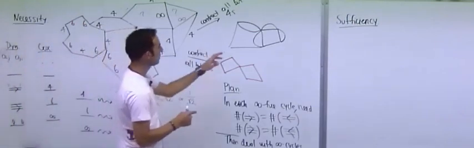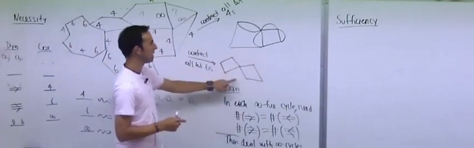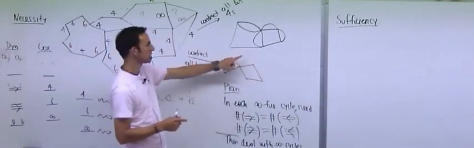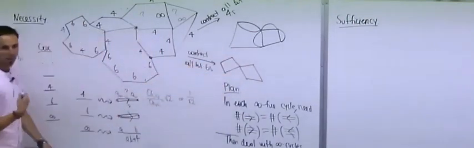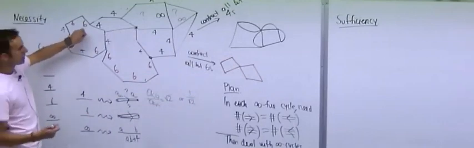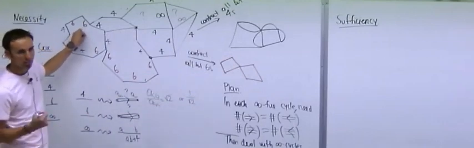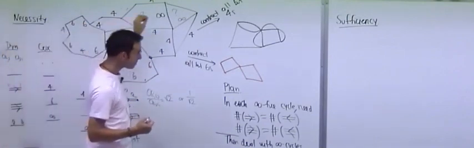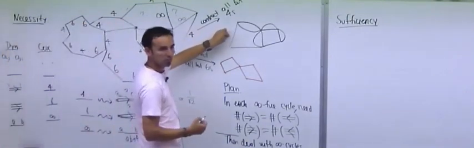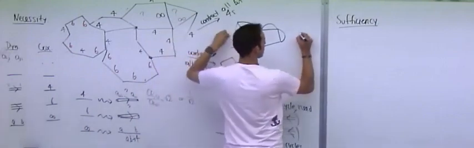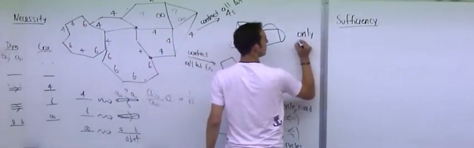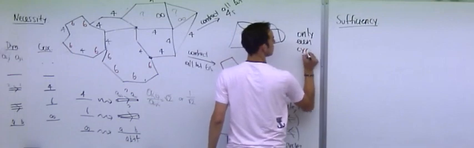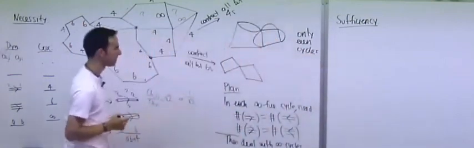Well, you look at these guys, and what property do these graphs have? By assumption, in this graph, every cycle had an even number of 4s. So now here I'm keeping only the 4s, and so this thing only has even cycles.